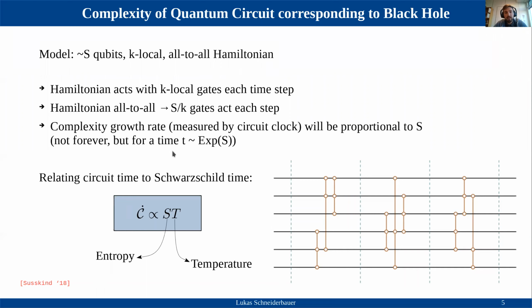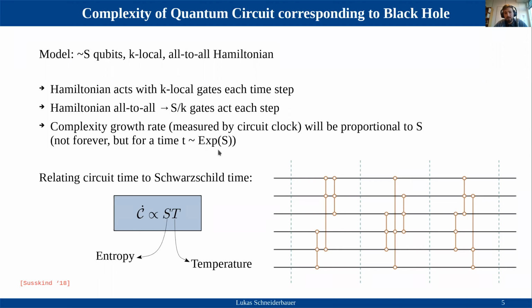But it can be estimated, and this was presented, for example, in the lecture notes of Susskind in 2018. Probably this information was there earlier, but this is where it's nicely summarized. It was estimated that this goes on for a time which is of order exponential of the number of degrees of freedom, which is a very long time if S is appropriately large.